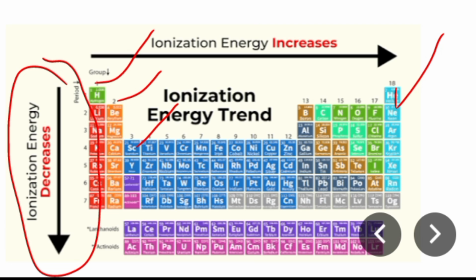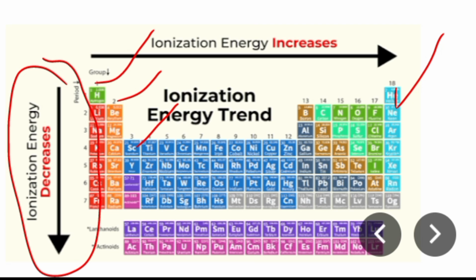Since ionization energy decreases as you go down the group, it starts from high to low, so the reactivity of the metals will increase. The metal at the top is the least reactive, and the metal at the bottom of the group is the most reactive.